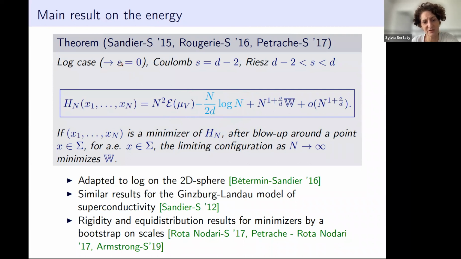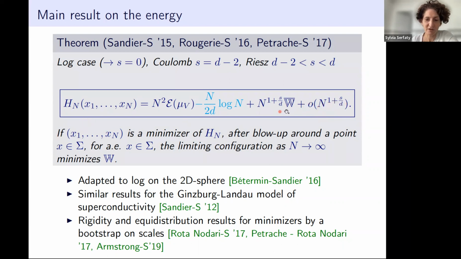In the logarithmic case, you should take s equals 0, and then you have this n log n term here. And then the next order is n to the 1 plus s over d times W bar. Okay, so this is the factor and W bar is the prefactor. So W bar is computed for these infinite blown up configurations, etc. And then the remainder is lower order. We could even quantify it a little bit.